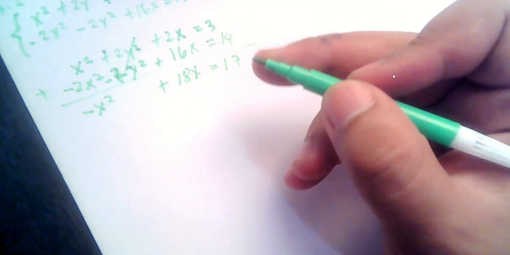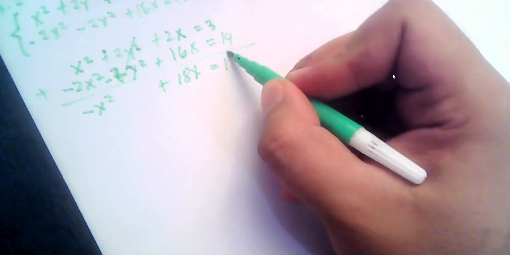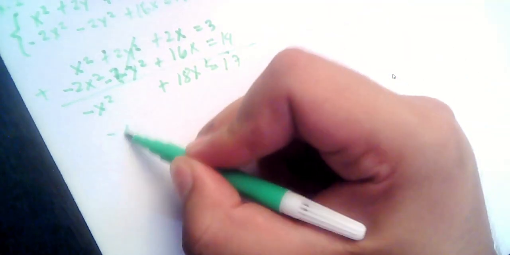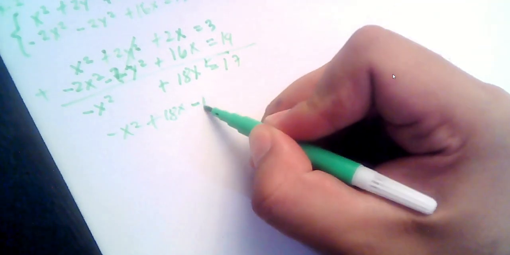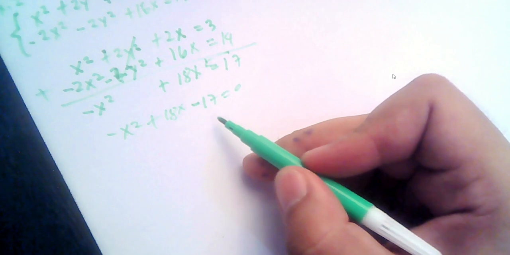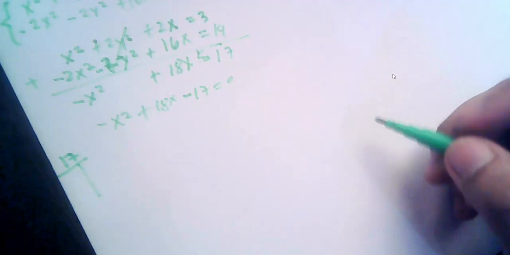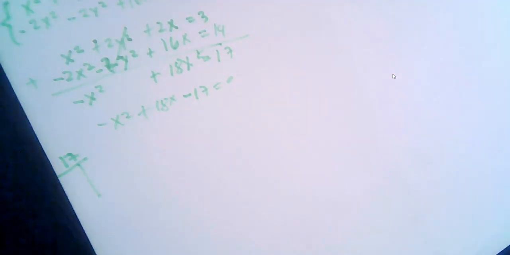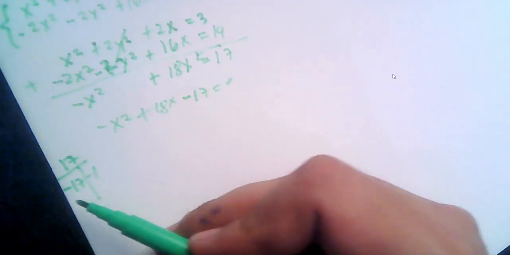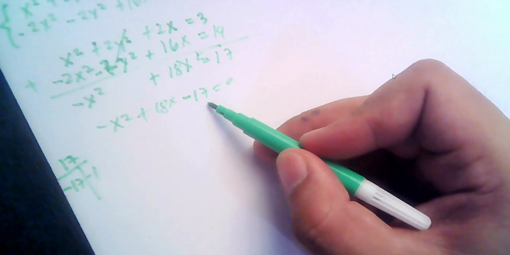And things are very easy now because we can create a trinomial. Negative x squared plus 18x minus 17 equals 0. And we try to see the factors of 17 that can become 18. Very simple. That is negative 17 and negative 1, I guess. Negative 17 times negative 1, that is negative 17.